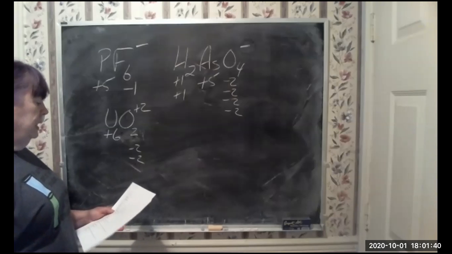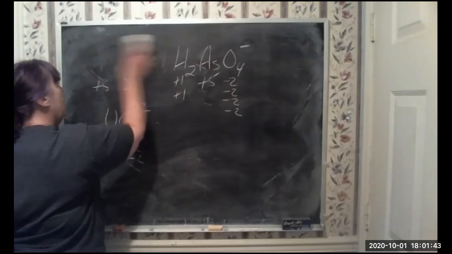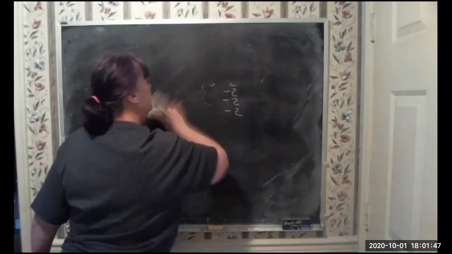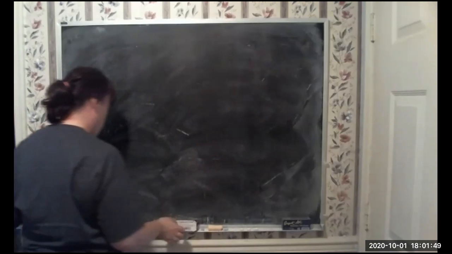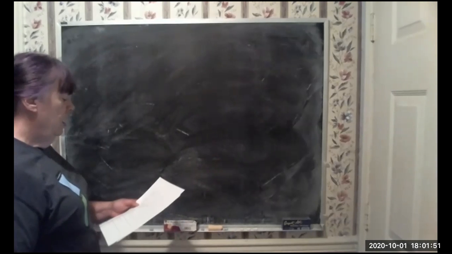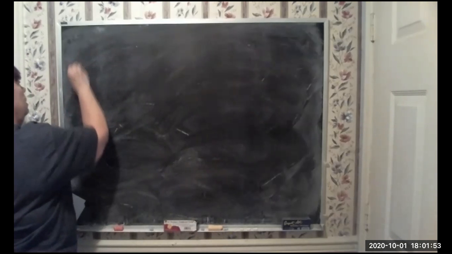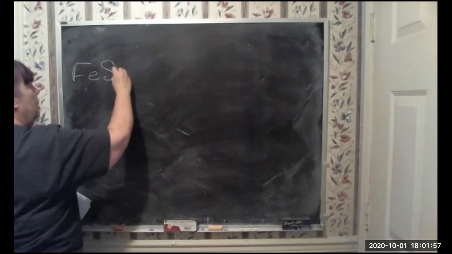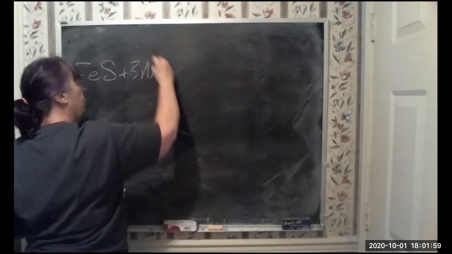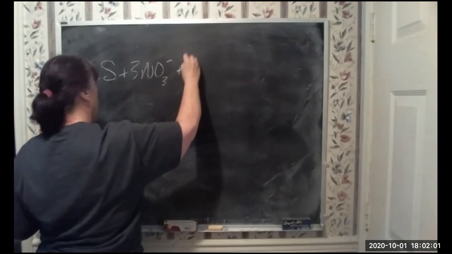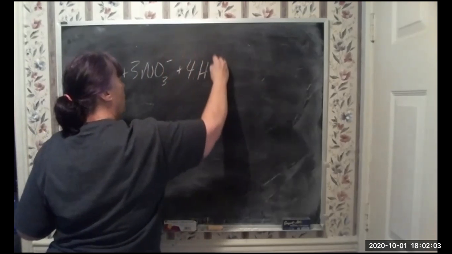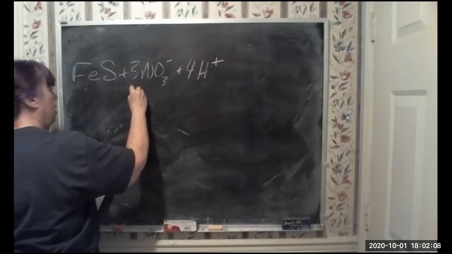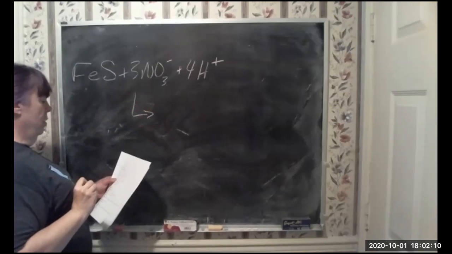I have one last very messy looking reaction that I want to show you. This one involves iron sulfide and 3 nitrates, 4 hydrogens, and I'm going to kind of draw my arrow there.